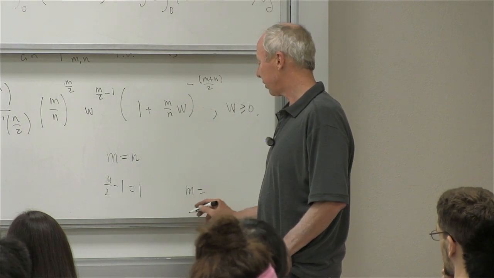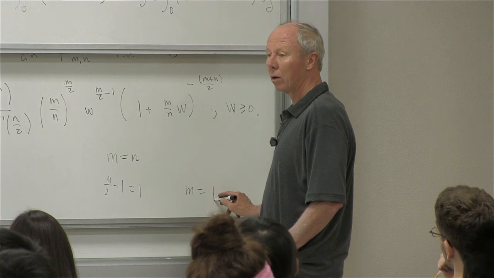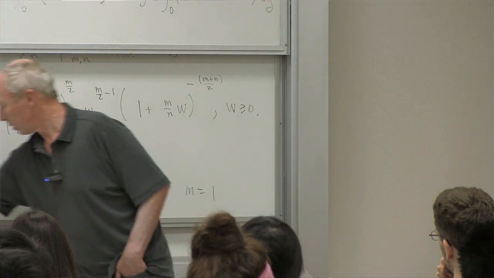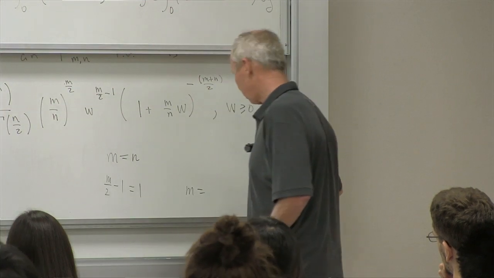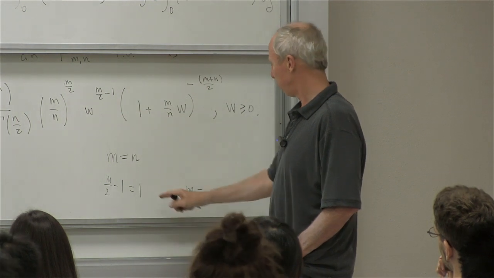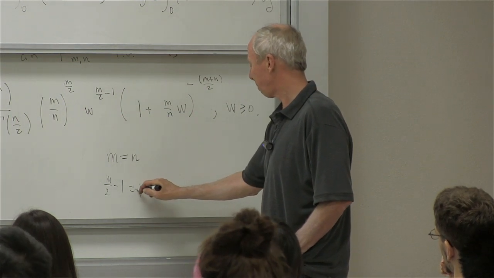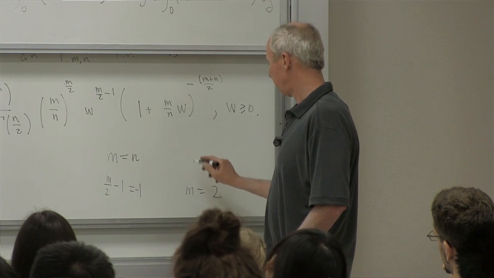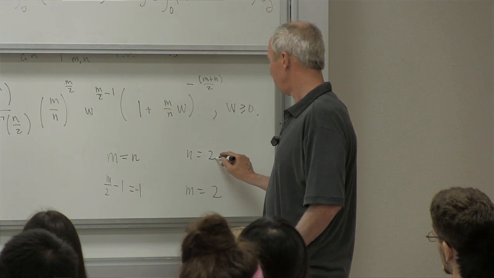The second equation says M must be what? 2? No, 4? What? Did I do this right? M over 2 minus 1, sorry. Yeah. M must be 2. And so N must be 2.